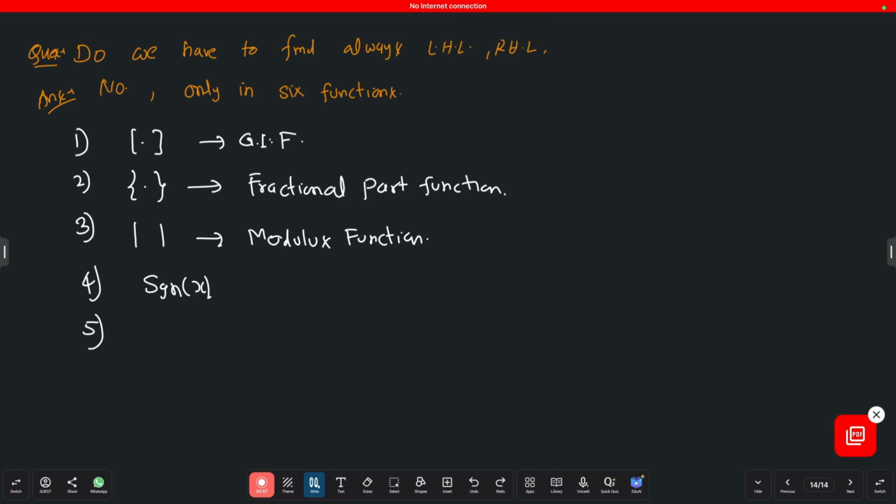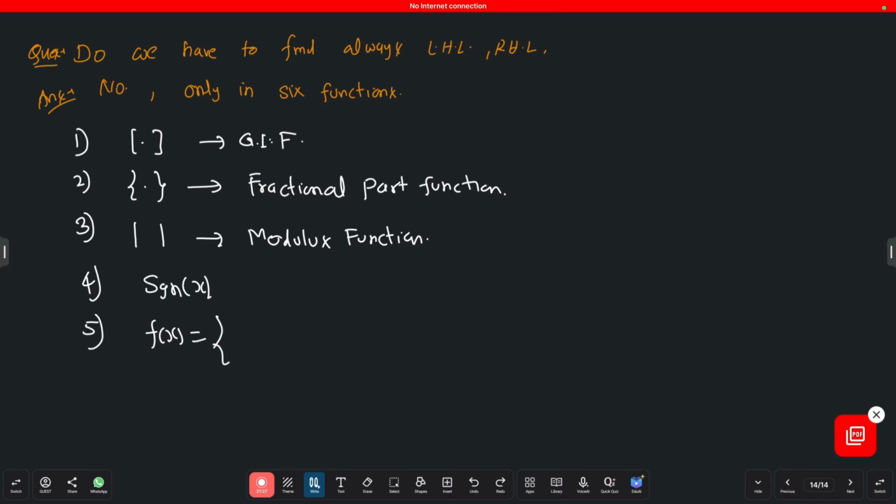Number 5, piecewise function. You know, piecewise function. You have done so many problems in exercise 5.1. In that, whenever x is less than or equal to 1, function is this. Whenever x is greater than 1, function is that. So that is called piecewise function. Or defined function.